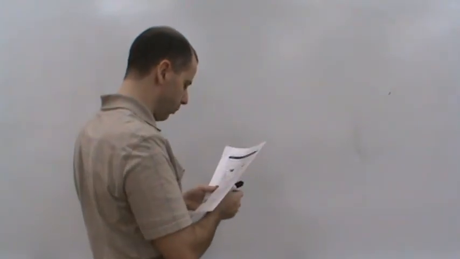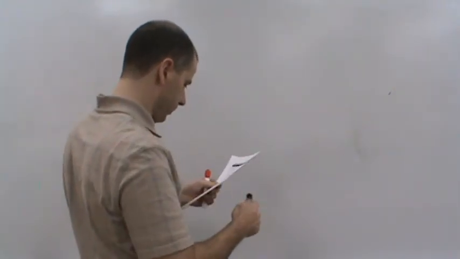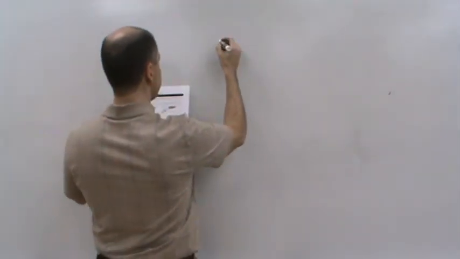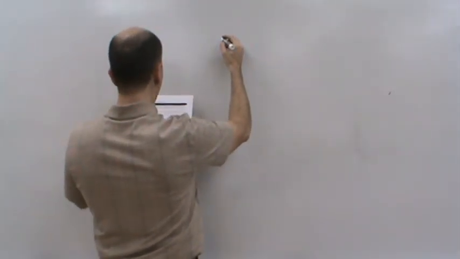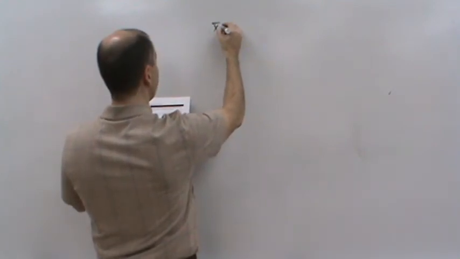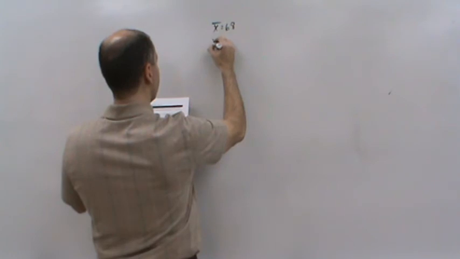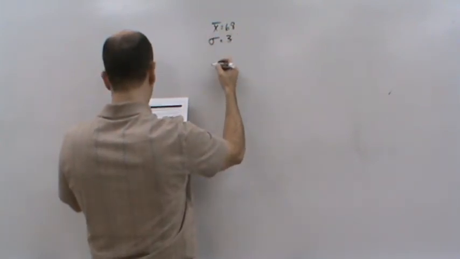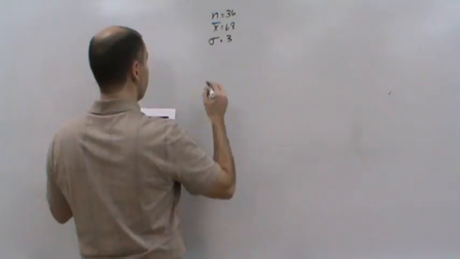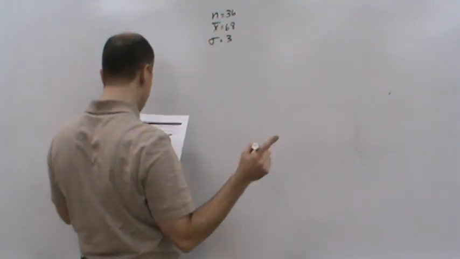So if we do that one, I'm just going to use the calculator. So this is the statistics problem again, where we had X bar equal to 68, standard deviation was 3, N was 36, and we had a confidence level of 90 before.